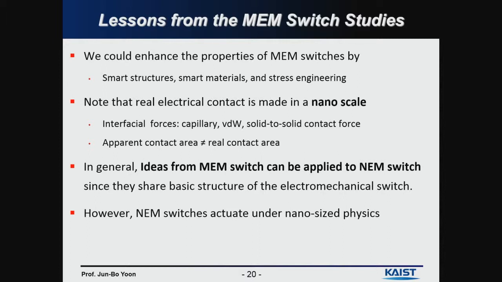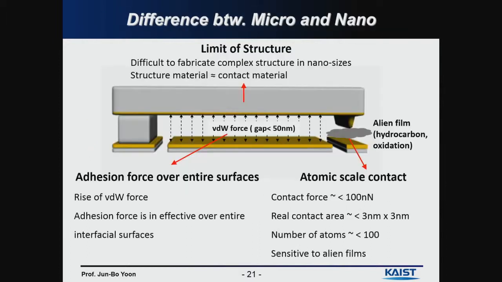In general, ideas from the MEM switch can be applied to NEM switches since they share the basic structure of the electromechanical switch, something like cantilever switches. However, NEM switches can operate under other physics, which is nano-based physics. So let's find out what the difference is between the micro switch and the nano switch.